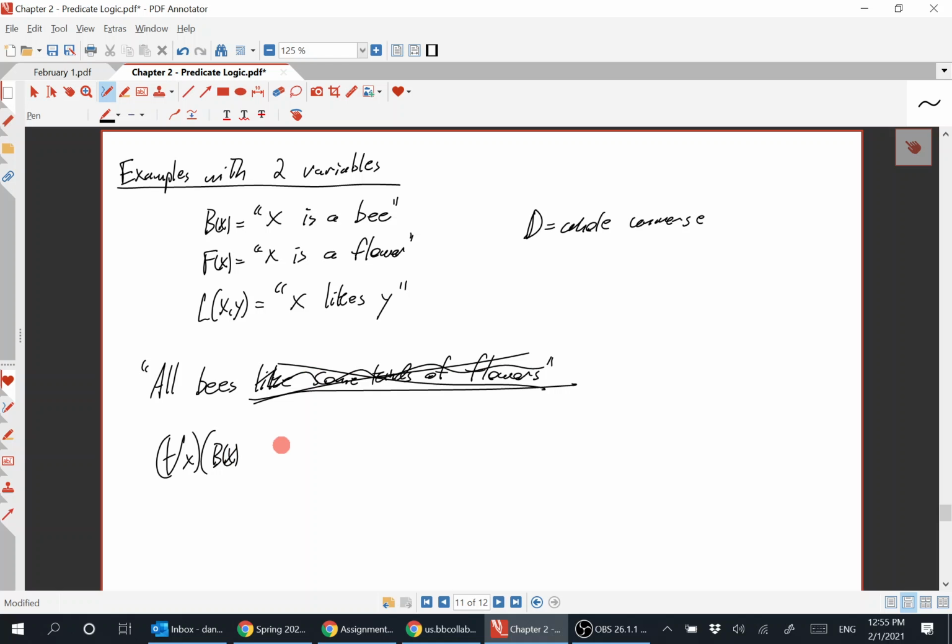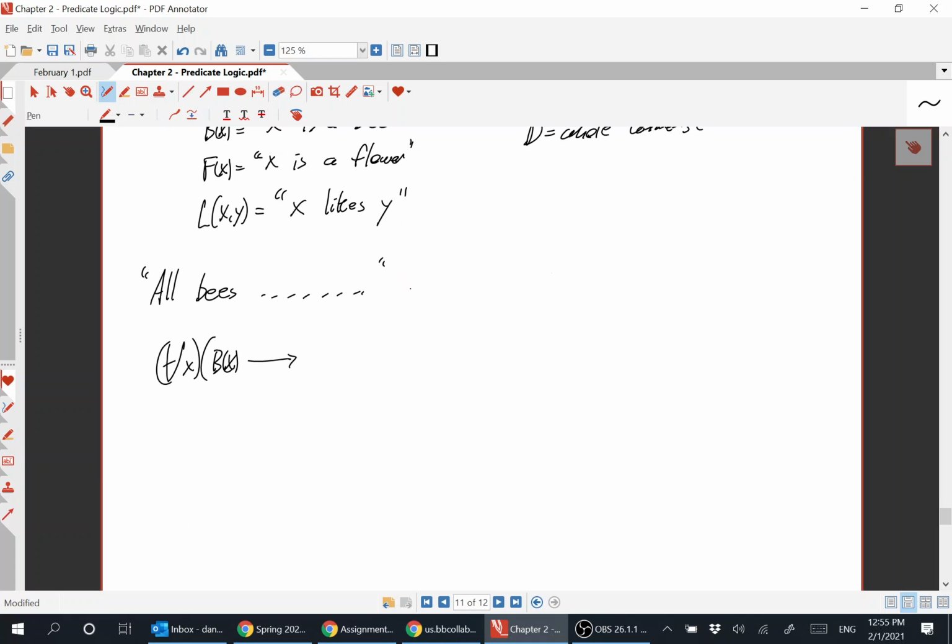Okay, for all X, B of X. Since we're universally quantifying bees, it implies. Yeah, implies. So let's just start it out like this. So all bees... It just looks like that. Okay, so now we'll take this.